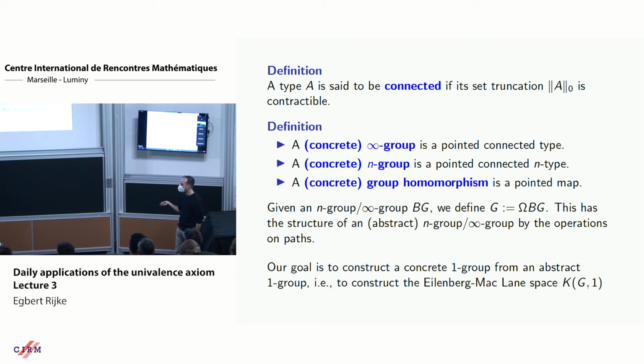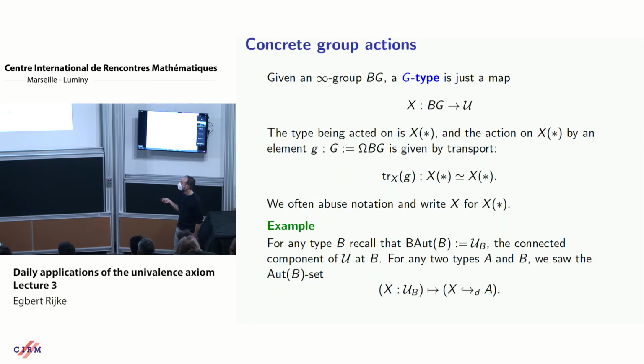And this is going to go into that UniMath library that I just showed. What do they say? This is about group actions. When you take this point of view that a group is a pointed connected type, then it's really easy to say what the group action is. It is just a dependent type on your pointed connected type.